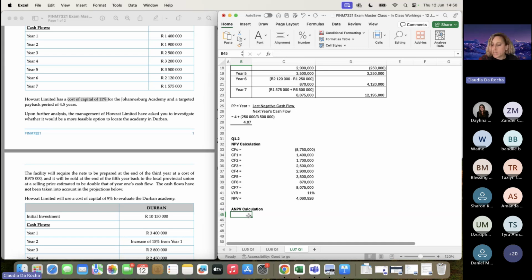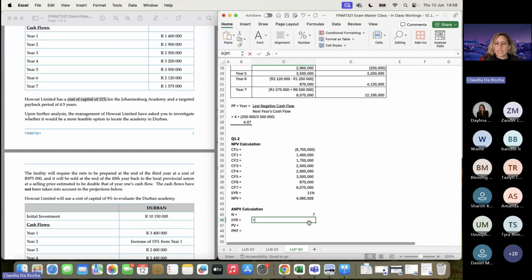Okay, so with that, I'm going to say, what is my N? What is my interest? What is the present value, which will in essence be your NPV? And what is my PMT, which will be the answer. So my N for this question is 7, because I'm only doing Johannesburg and there are 7 years.